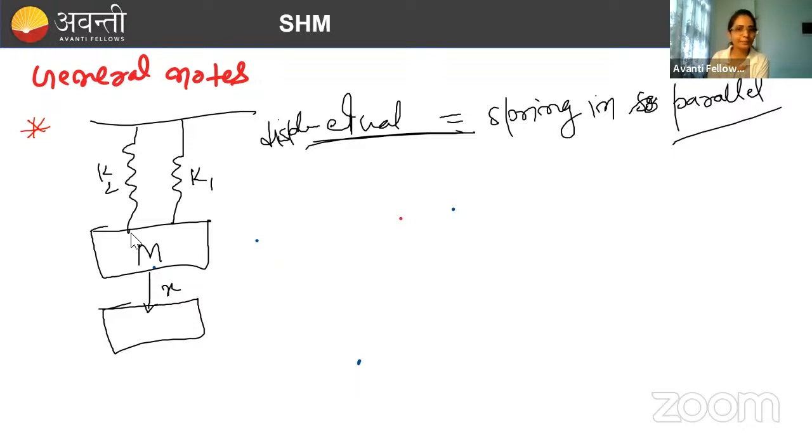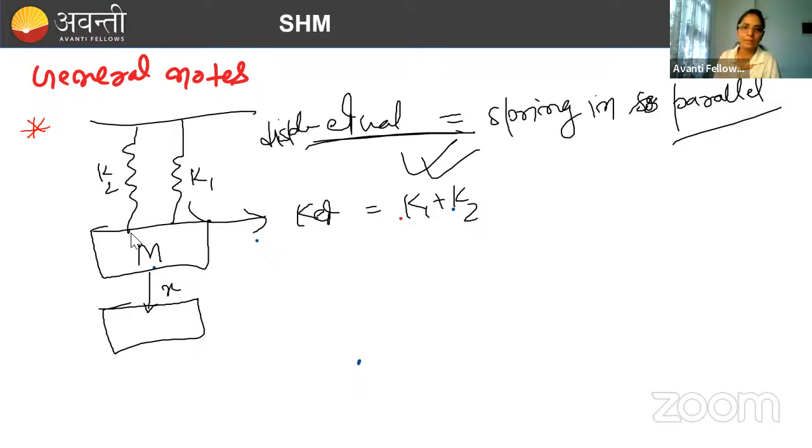How is it coming like series? From this logic only. Displacement क्या हुआ है दोनों में equal. You can check that. ठीक है. Like resistors in series we are going to add. So यहाँ पे K equivalent क्या हो जाएगा? K1 plus K2.